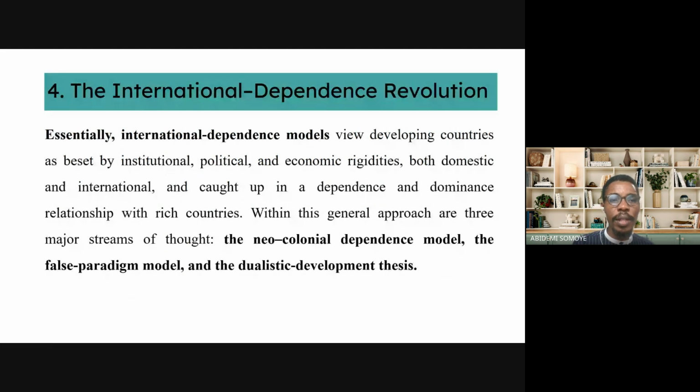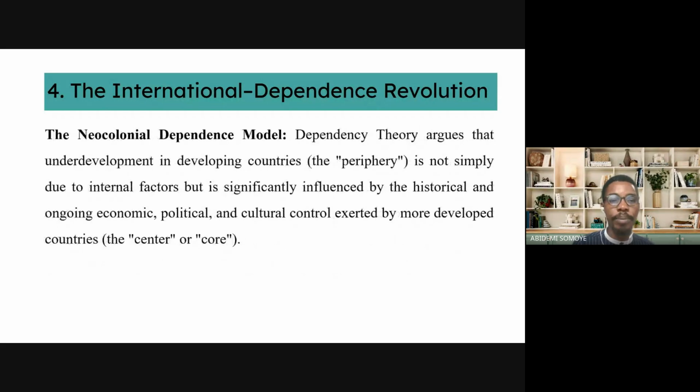So let's take a look at the international dependence revolution. Essentially, international dependence models view developing countries as beset by institutional, political, and economic rigidities, both domestic and international, and caught up in a dependence and dominance relationship with rich countries. Within this general approach are three major streams of thought: the neoclassical dependence model, the false paradigm model, and the dualistic development thesis.